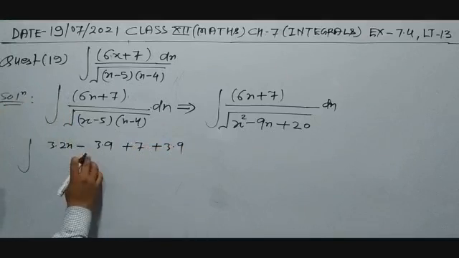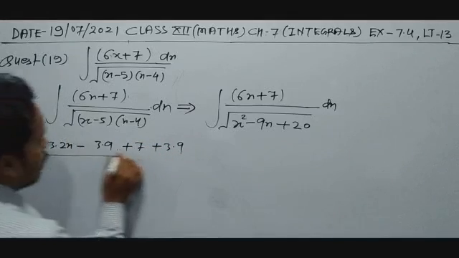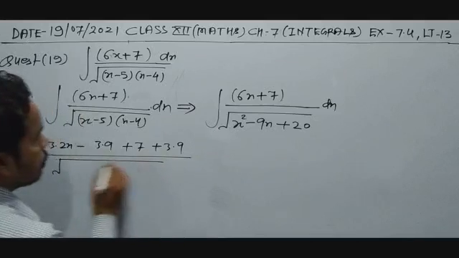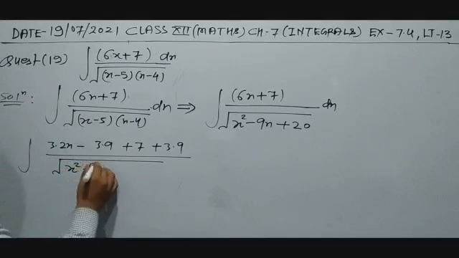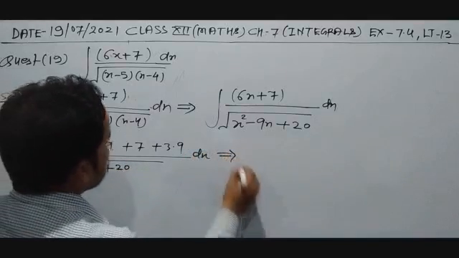So 3 nines are 27; minus 27 will cancel out and the result will be the same, with the square root of x² − 9x + 20 dx.